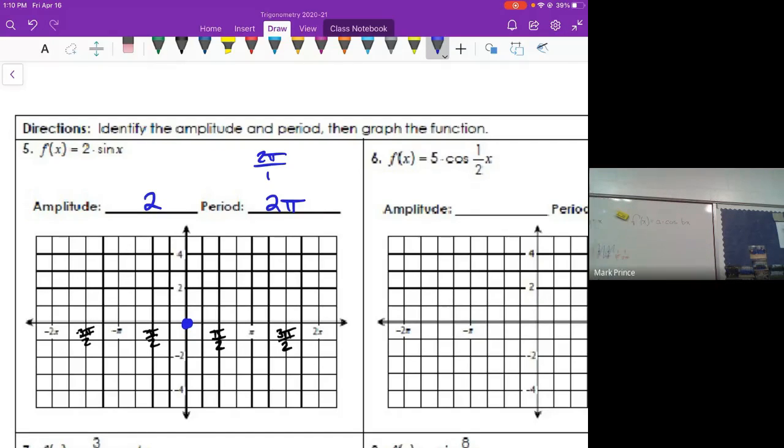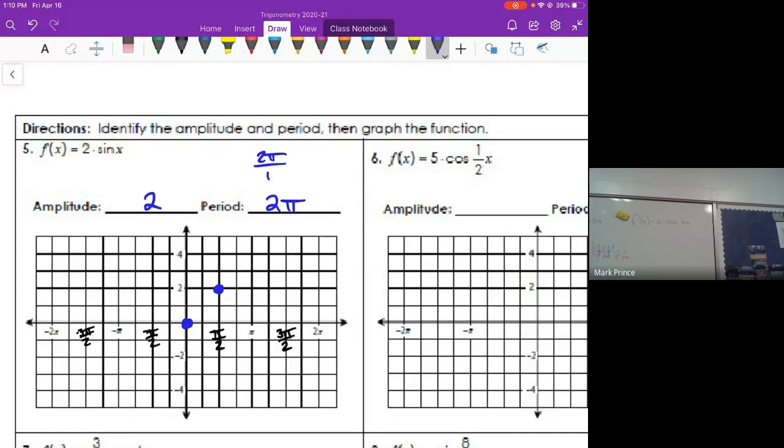All right, so looking at that, I know it's 2 units high. Looking at Desmos, it tells me that at pi over 2 it touches 2. It always goes up, and then it'll come down, down, up, up, kind of how the wave goes.